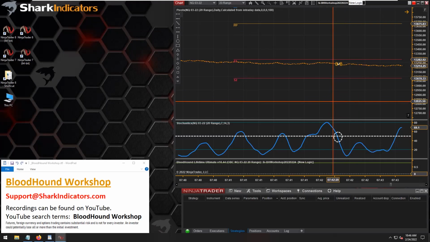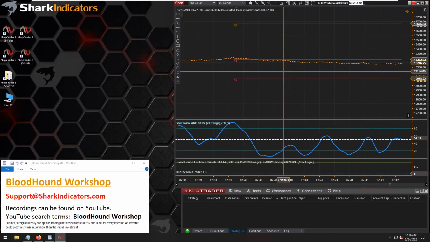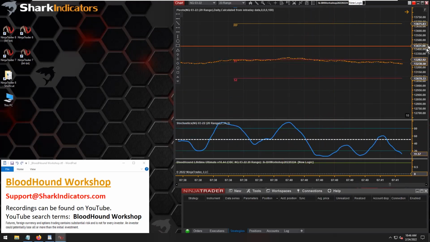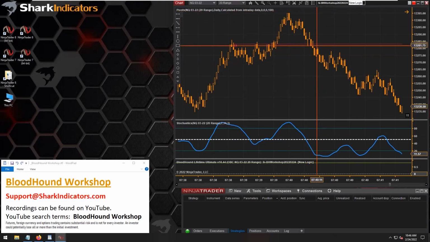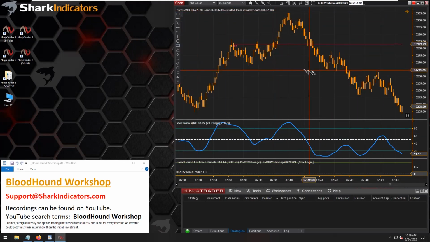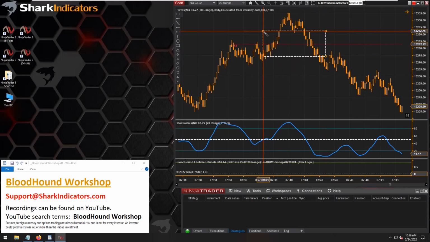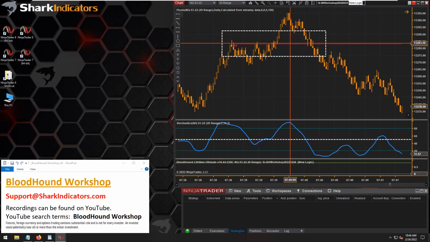And then one of the filters is we don't want any signals when price is within some range of a pivot line. So let's see, I'm on a 20 range bar, so let's triple that.